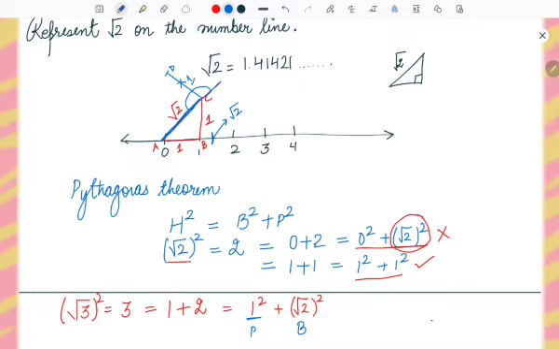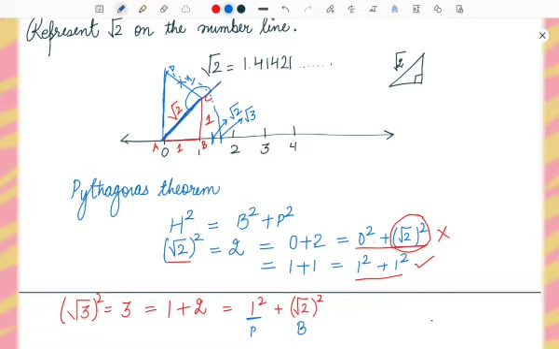Let's say I'm joining it at D. Then I'll be joining 0 with D, right? Again taking radius as AD, we are going to mark again an arc on the number line. Following the same procedure, now this point will represent √3. I hope it is clear.